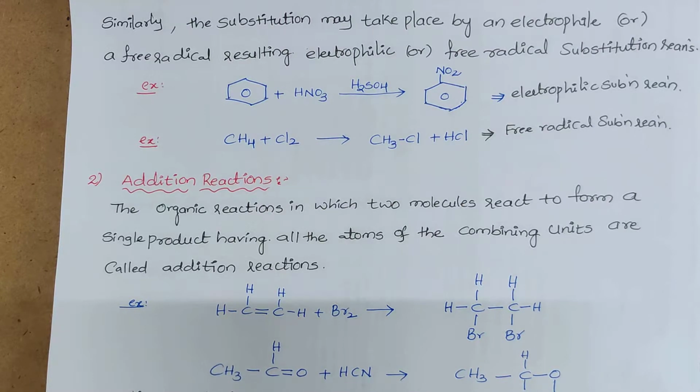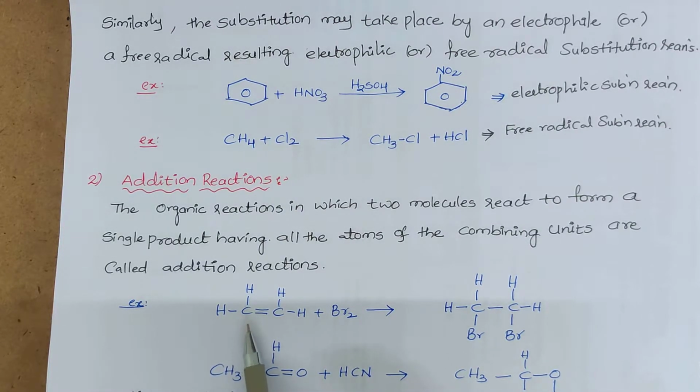That means there is no loss of any byproduct during this reaction. In the product, all the atoms present in the two molecules are present. That type of reaction is called an addition reaction.